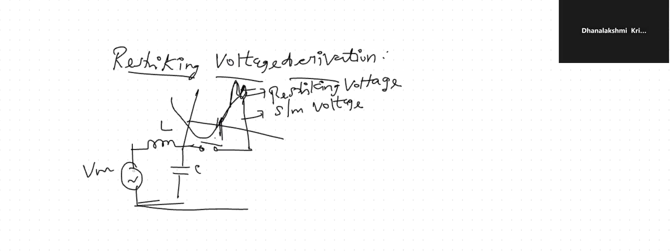This is the equivalent circuit: series inductance and parallel capacitance across the contacts of the circuit breaker. This forms an oscillatory circuit.